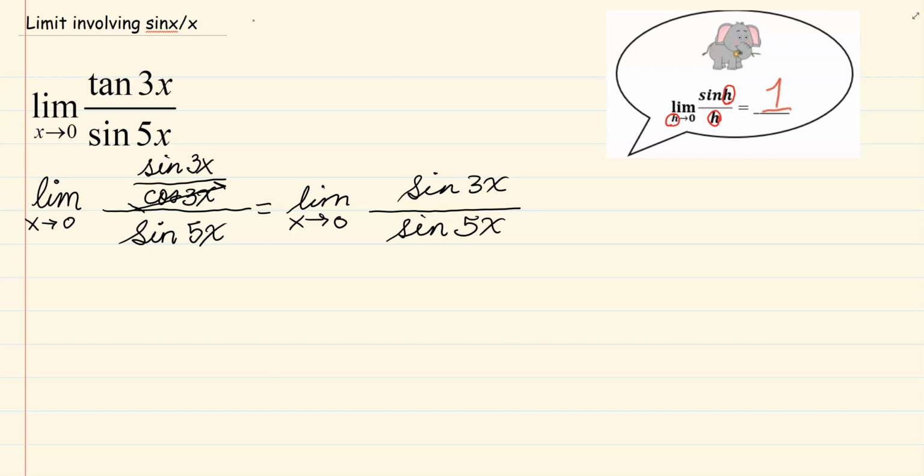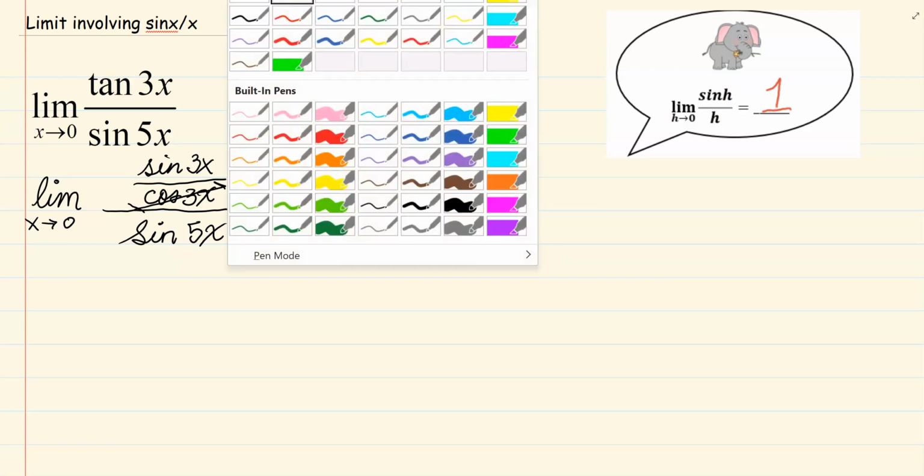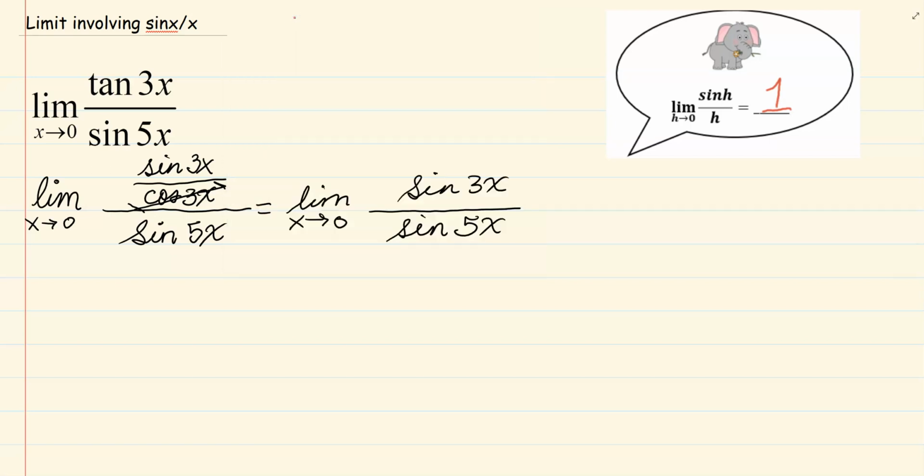And you say, wait a minute, it is supposed to be sine of something over itself. So if you see sine of 3x, you might want 3x on the denominator.